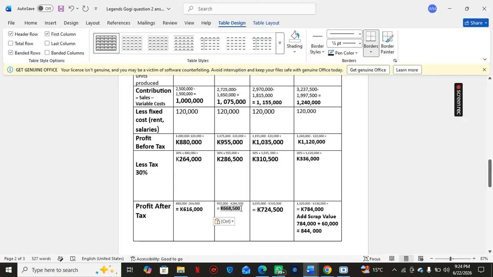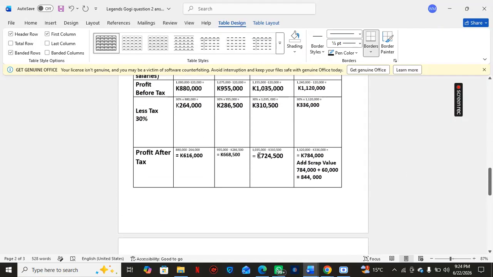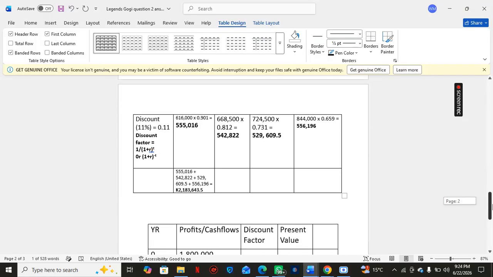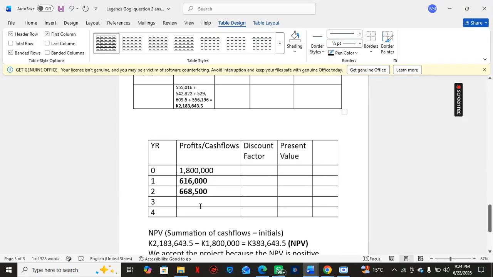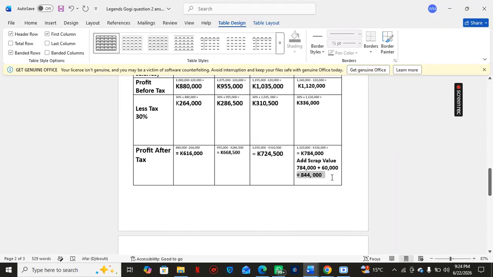Year 2, 668,500. Year 3, 724,500. Year 4, 844,000.